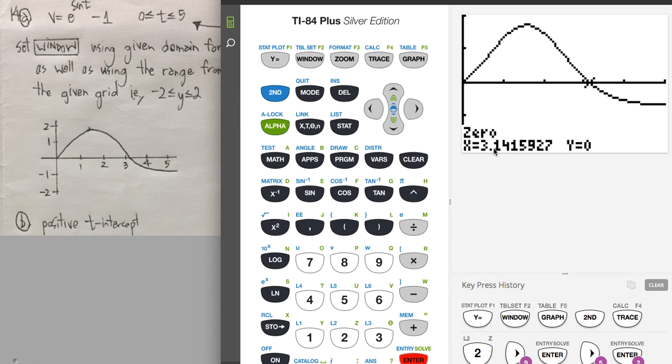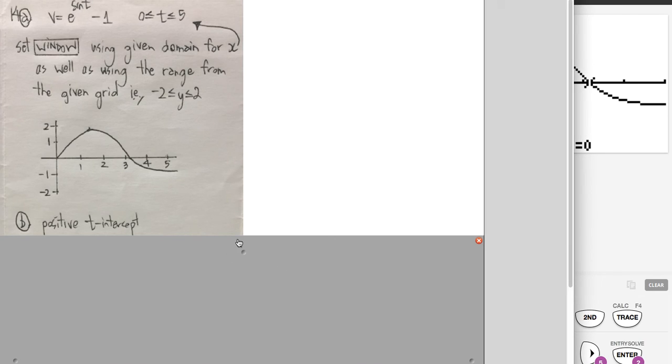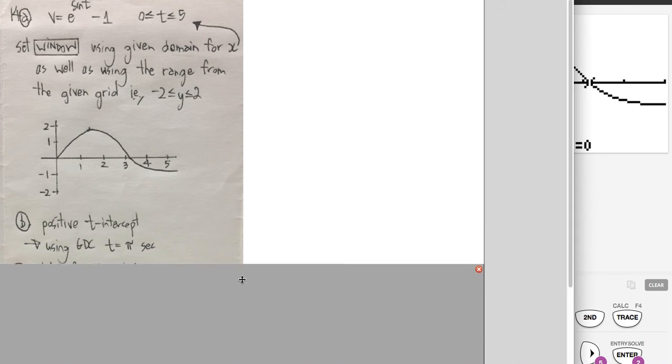Well, this number looks very familiar, 3.14159. It's basically pi. So you can choose to write 3.14, or if you recognize that it's in fact pi, you can illustrate that.